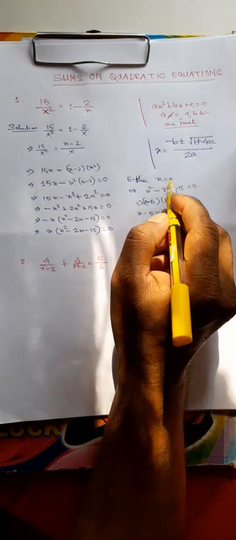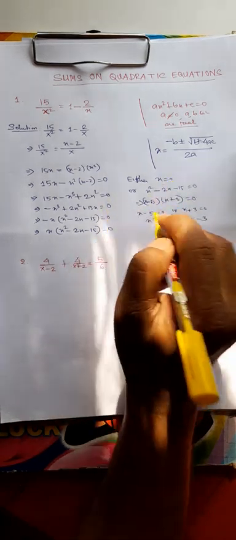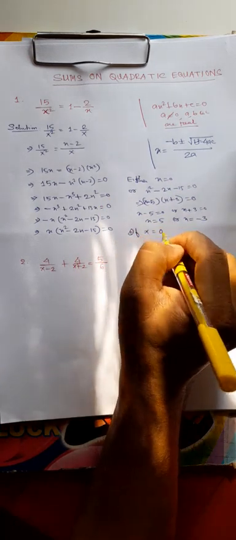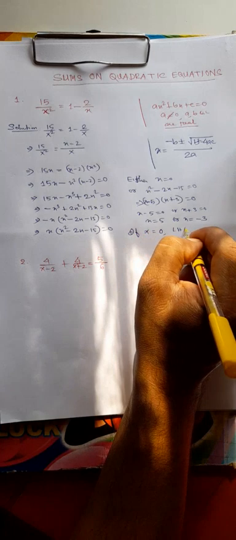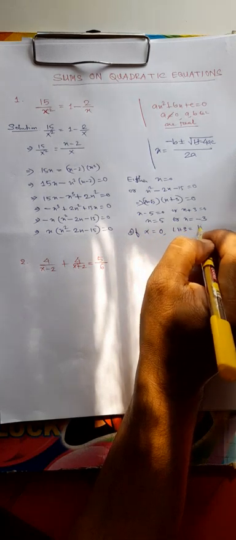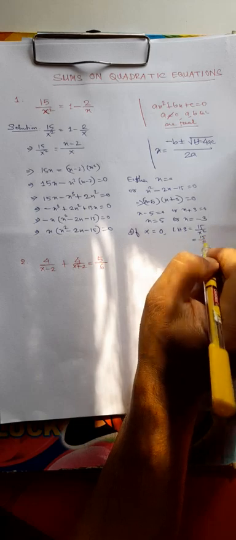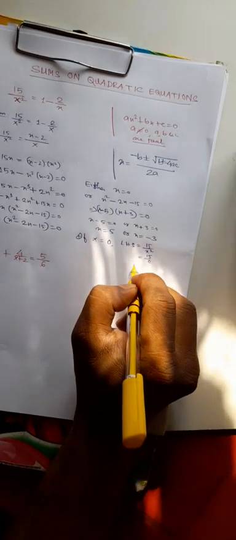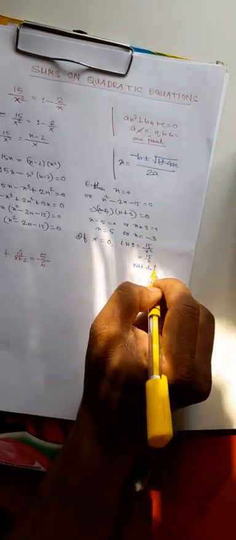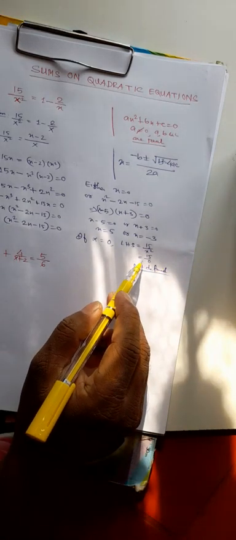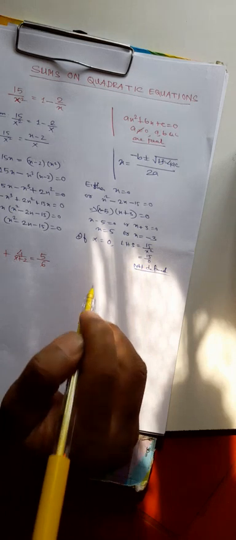Now let's check whether these are true or false. Now if you put x equal to 0, left hand side equal to 15 by x square means 15 by 0. Now 15 by 0 is not defined. This is not a real number, right? Something real number divided by 0 is not defined.